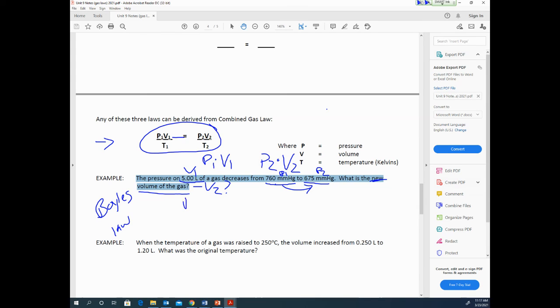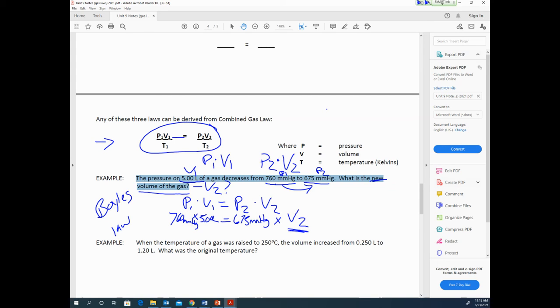So if I have my formula here, P1 times V1 equals P2 times V2, I'm just going to plug the numbers in. So P2 is 760, no, it's P1, my bad. P2 was 675 mmHg. V1 was 5.00 liters times our P1, which was 760 mmHg. So this times this equals P2 times our missing volume. To get to the answer, I have to solve for V2.